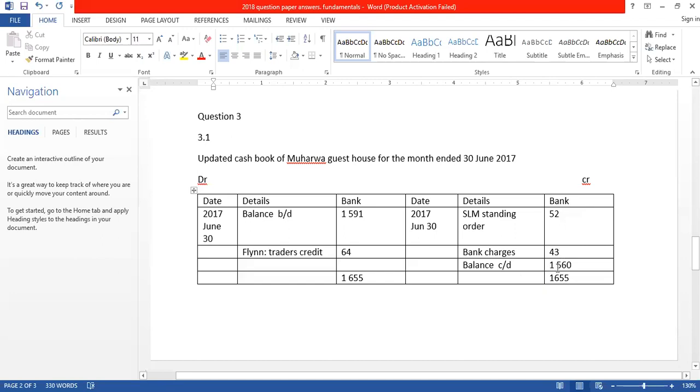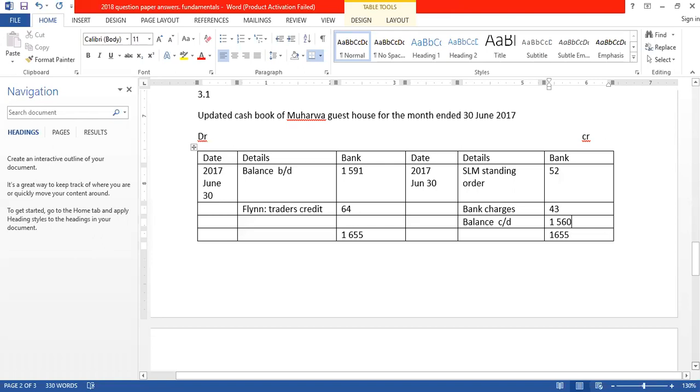So the missing figure is 1,560. Meaning that if you add your sides, they will both give you 1,655. Okay. I got it now.